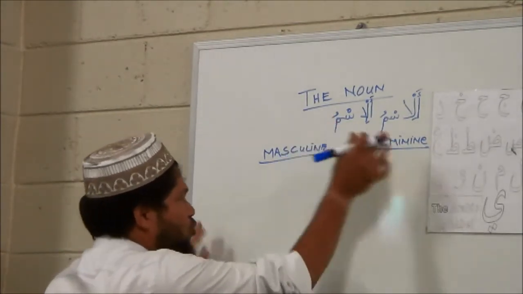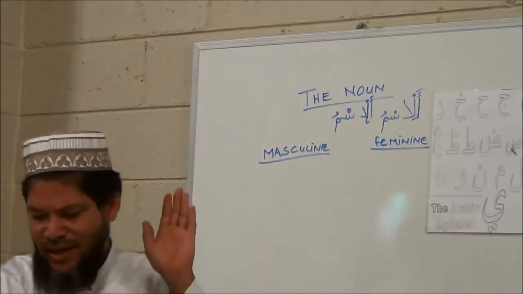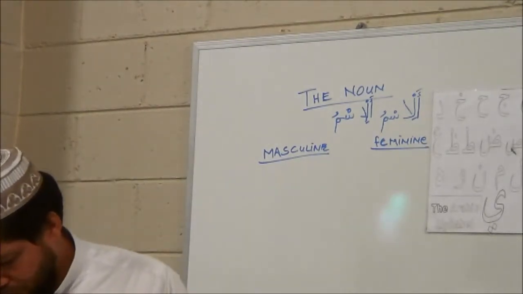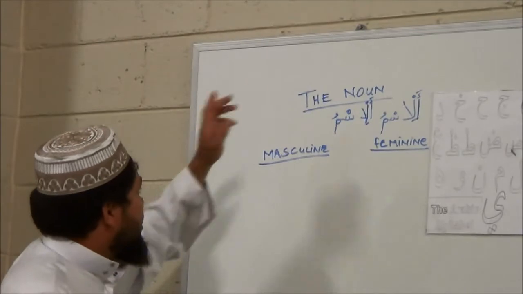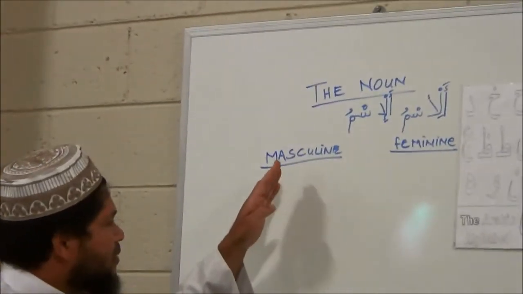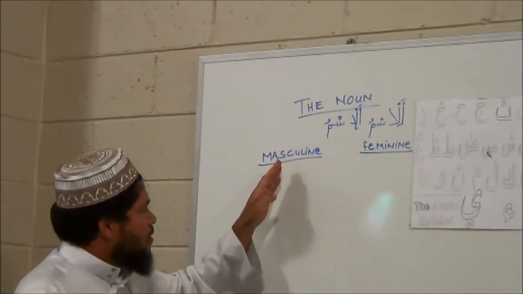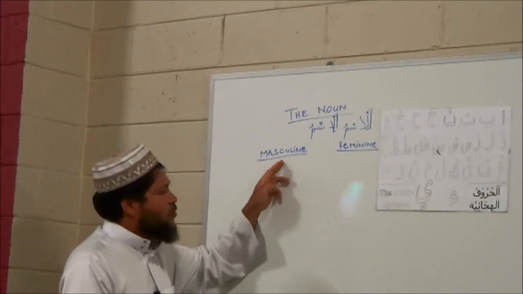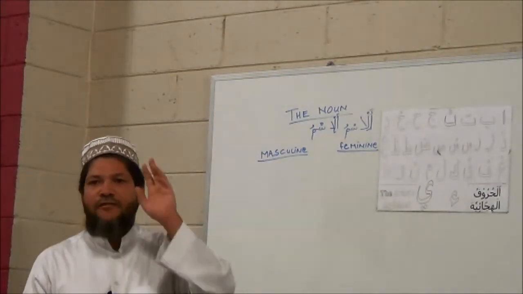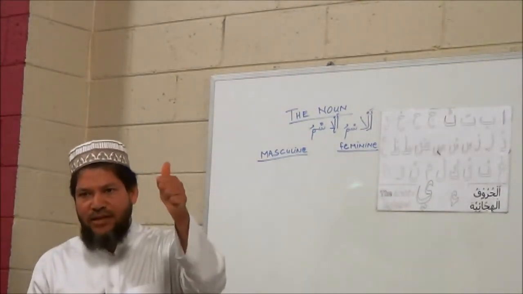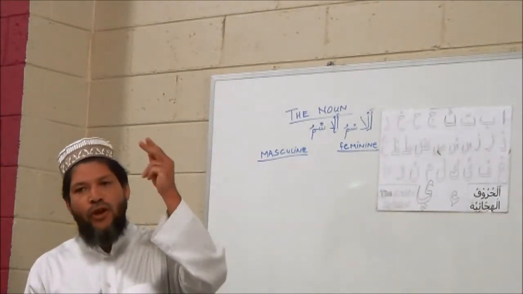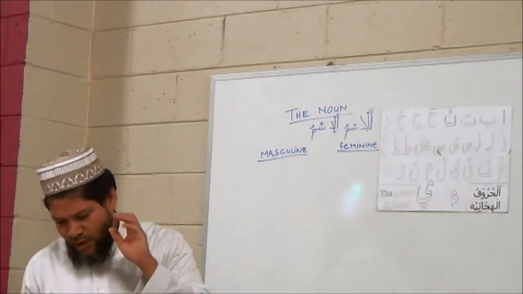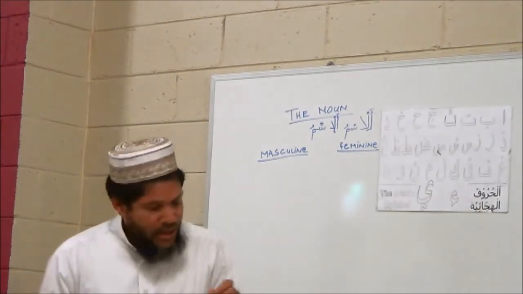So put 2 genders, masculine and feminine. In the Arabic language, the noun can refer to a person, a thing, or an object. So very, very important.